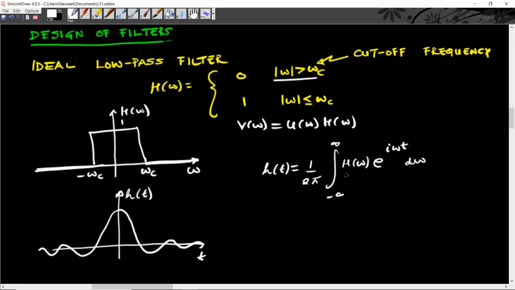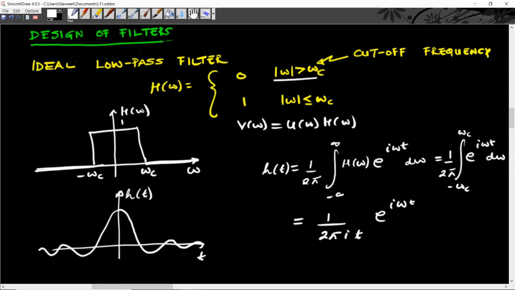And because H of omega takes on a value of 1 between frequencies minus omega c to omega c, this integral will simply be equal to this. And upon performing this integration, we'll get 1 over 2 pi iota t e to the power iota omega t, with limits on omega going from minus omega c to omega c.